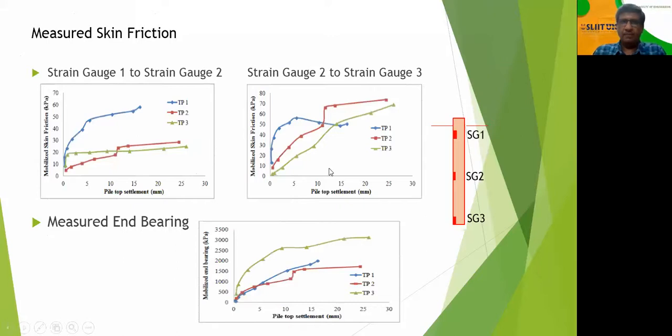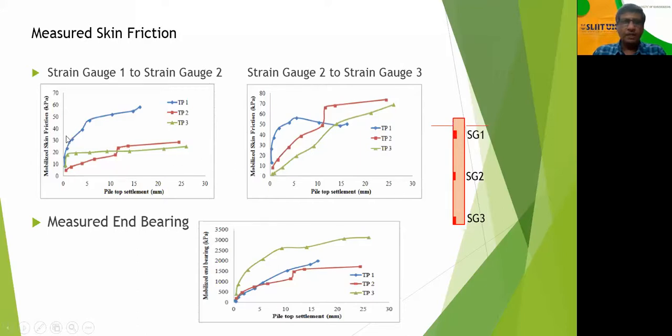Now, these are the mobilized skin friction, right? For example, if you take test pile 1, test pile 2, and test pile 3, TP1, TP2, TP3 are the 3 test piles. As I mentioned to you earlier, there are 3 strain gauges along the pile shaft.